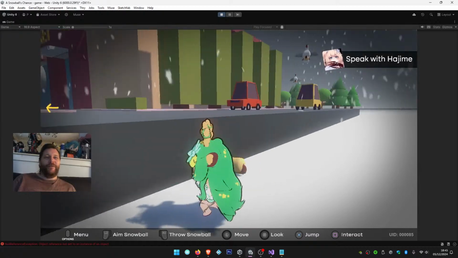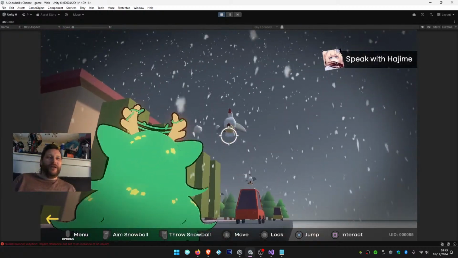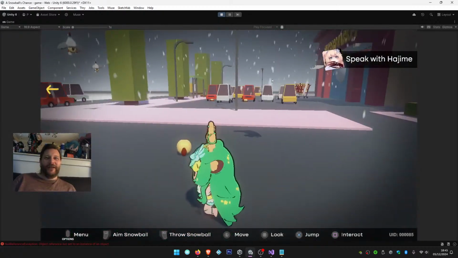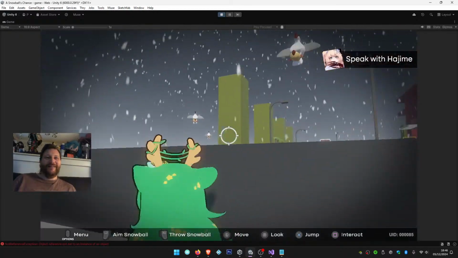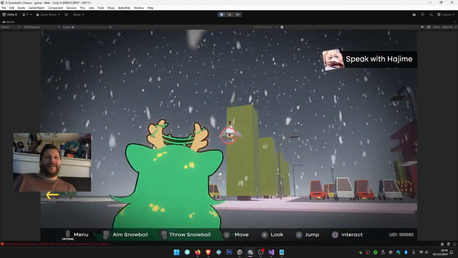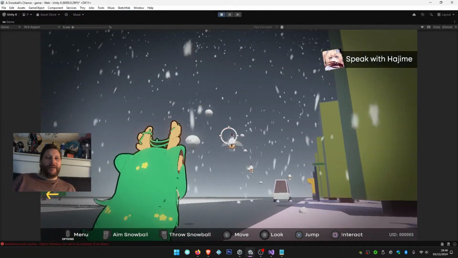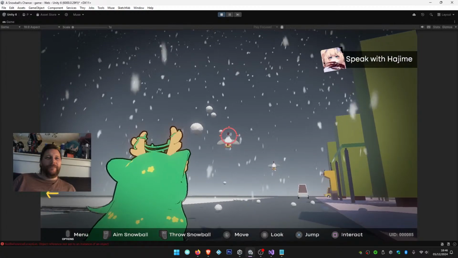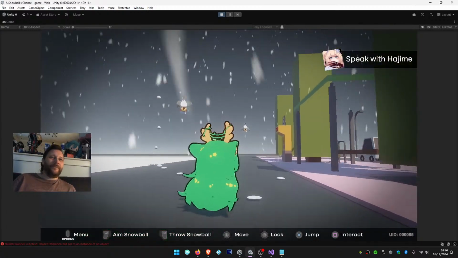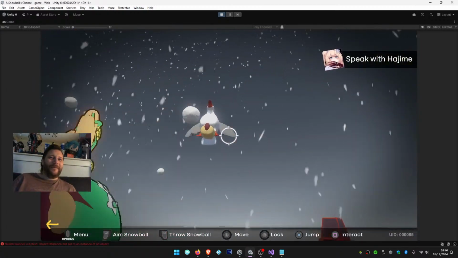This is so funny though. When you actually hit them and then you've got hot dogs being ran over, this is fantastic. Yeah, so I need to homing missile the snowballs.